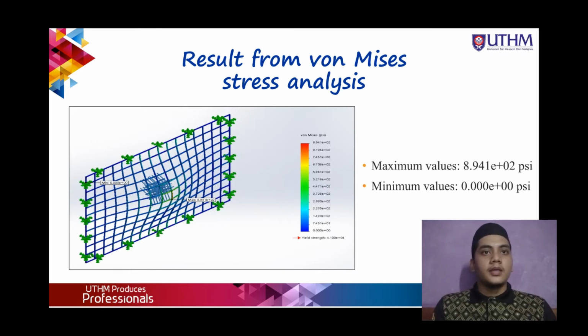This means that when we do this analysis on this fixture, it shows a positive result in maintaining the stress from the model, which means it can maintain the loads that we put. The load that we put is around 300 pounds, which is around 150 kg.